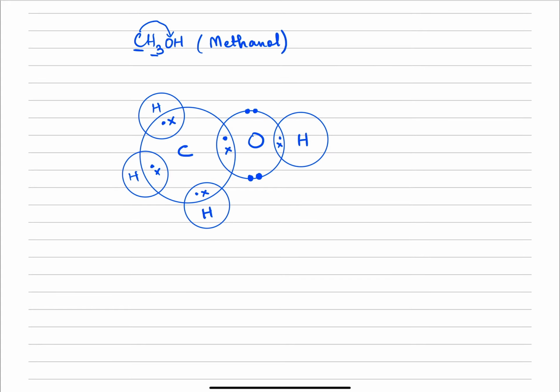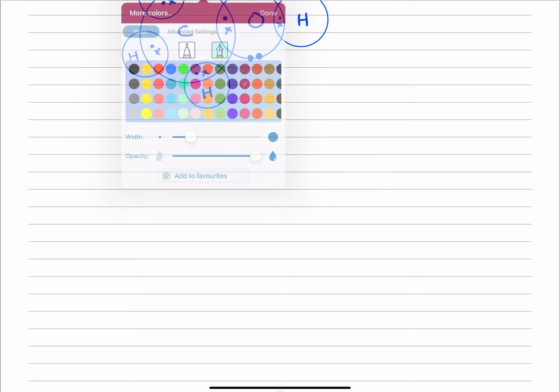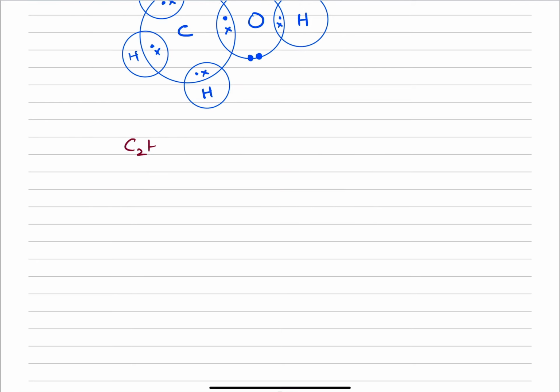Let's take another example of ethene gas, C2H4. C2H4 is ethene gas. This is a little bit complicated. Why? Because there are 2 carbons and 4 hydrogens. So how am I going to look at this? 4 hydrogen means that carbon can have 4 hydrogens.